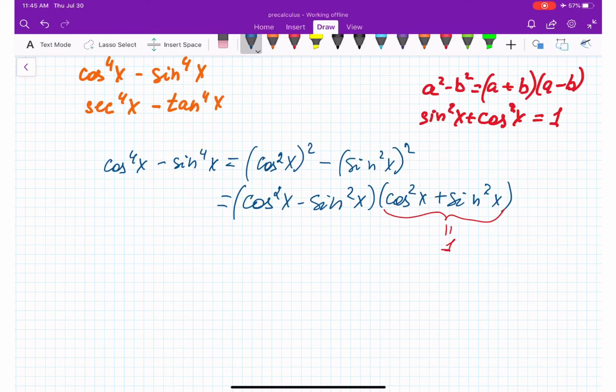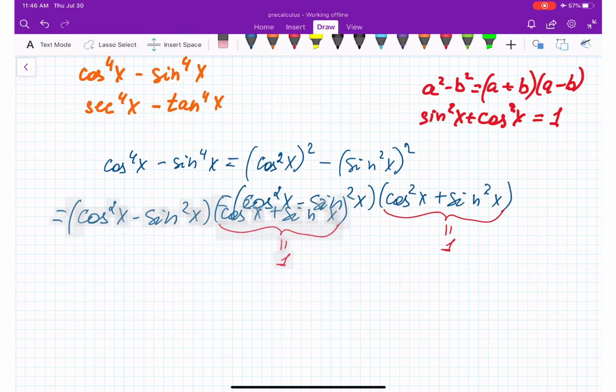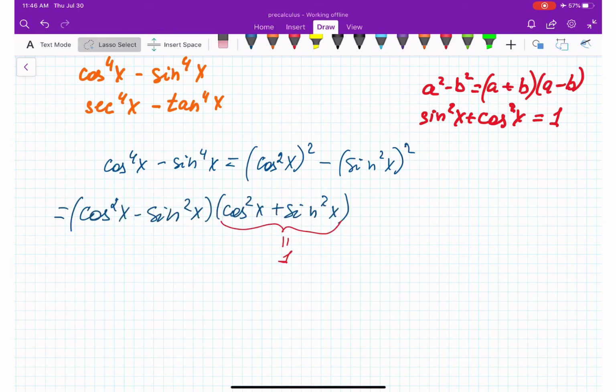And hence, we are going to get cosine squared x minus sine squared x. Since that term is equal to 1, it will be gone. So cosine squared x minus sine squared x.